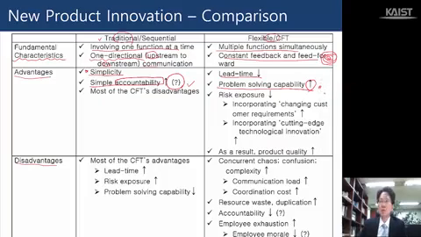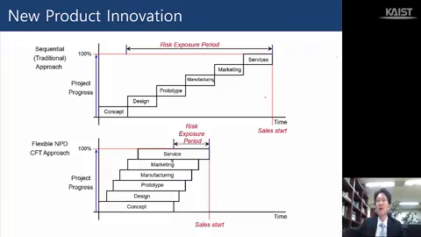of using flexible approaches. And then there is another advantage for flexible or cross-functional approaches related to risk exposure. Let's define what risk exposure means. You probably heard about this. Let's say there is an engineering freeze.